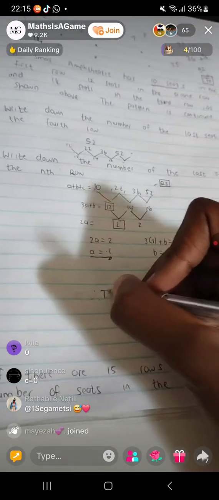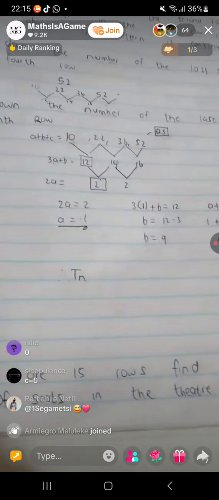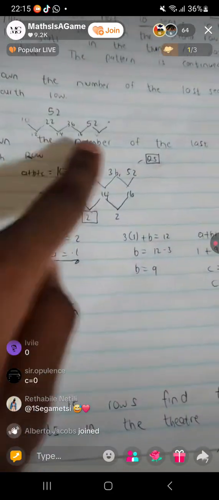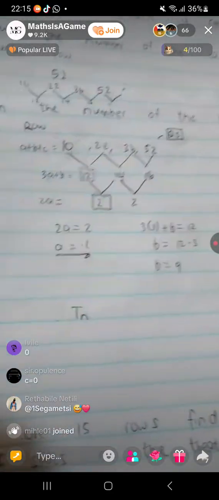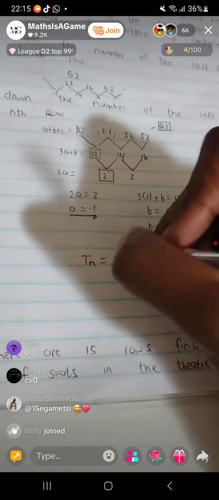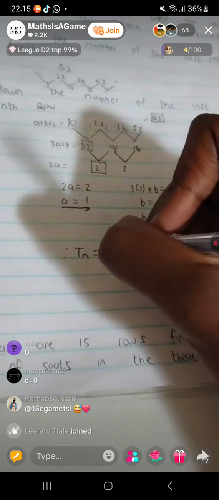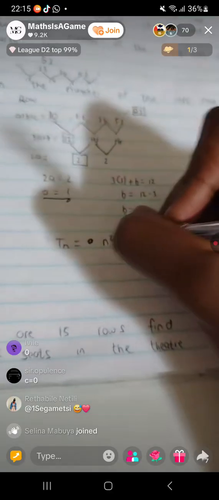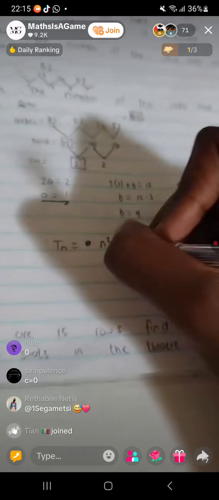So the nth term, in other words, the number of the last seat in the nth row, is actually equal to n squared plus 9n.